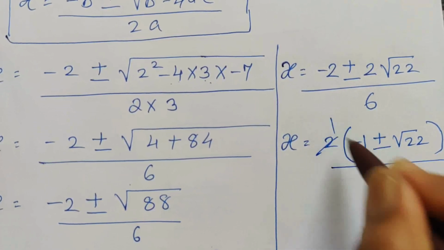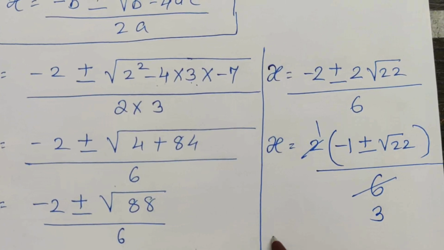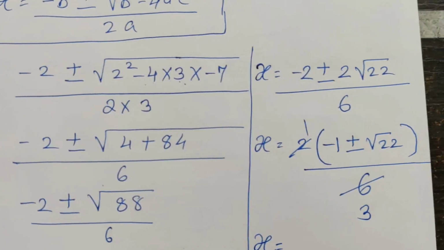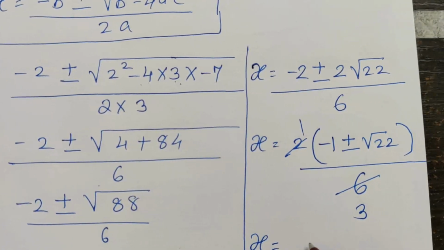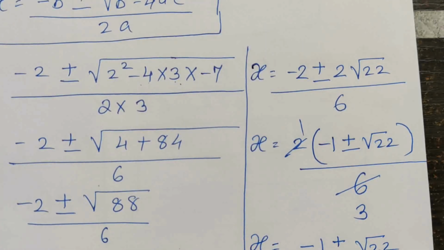Same, 2 ones are 2, 2 threes are 6. So you will get x is equal to minus 1 plus minus root 22 upon 3.